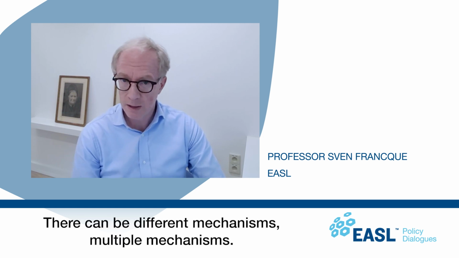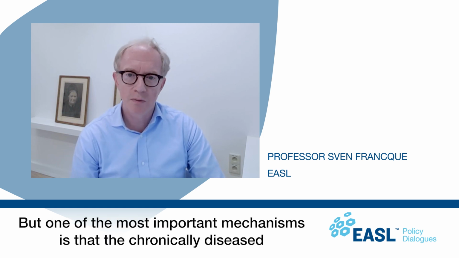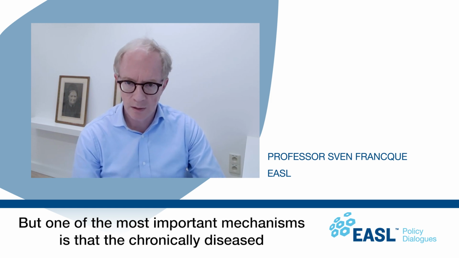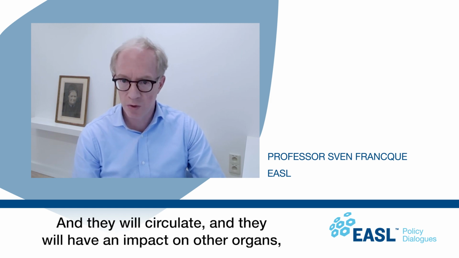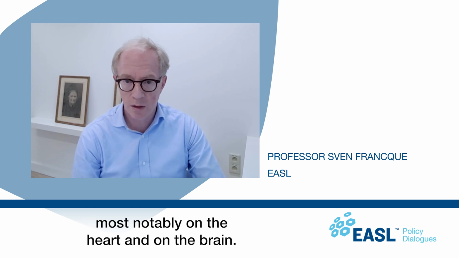There can be different mechanisms, but one of the most important is that the chronically diseased, chronically inflamed liver will release a lot of substances into the bloodstream and they will circulate and have an impact on other organs, most notably on the heart and on the brain.